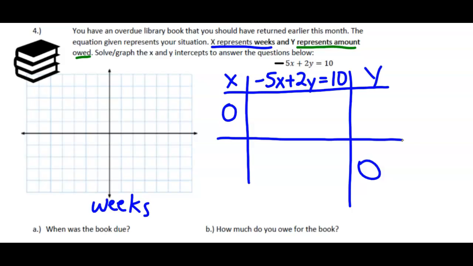And then think about what it means. So letter A, when was the book due? And how much money do you owe for the book? So think about what the intercepts mean. Remember that this is weeks, and this is money owed. And come with this problem finished.